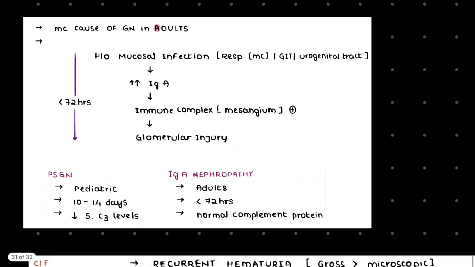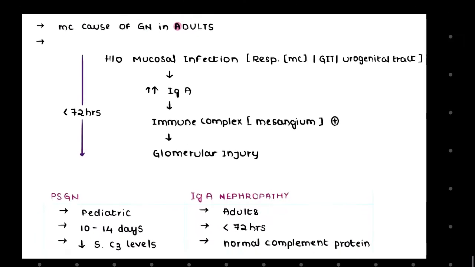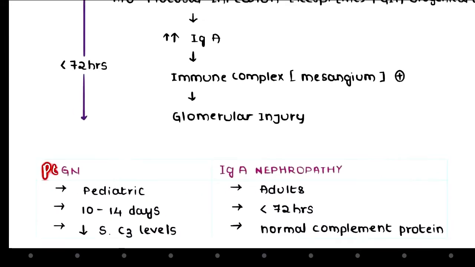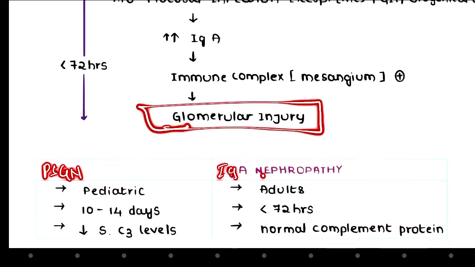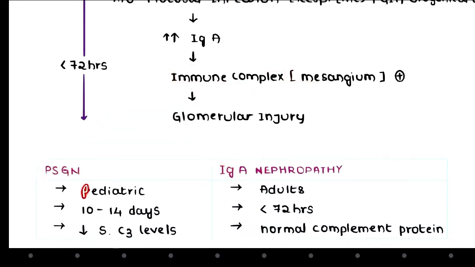Now how will we differentiate whether the condition is PSGN or IgA glomerulonephritis? Because there is glomerular injury in both cases, and there is immune complex formation in both cases. The first difference is that PSGN manifests in children, pediatrics, while IgA manifests in adults.